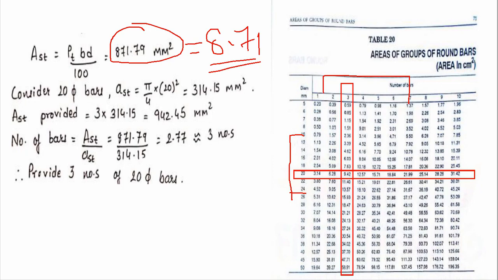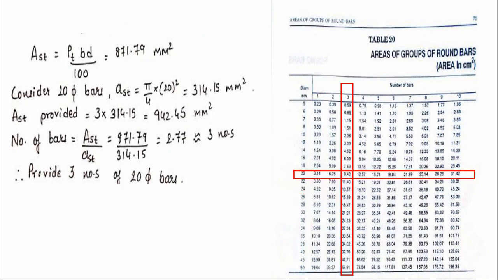We get only this 942, highlighted, which is nearest to 8.71. So we are providing 20 mm dia and 3 numbers of bars.